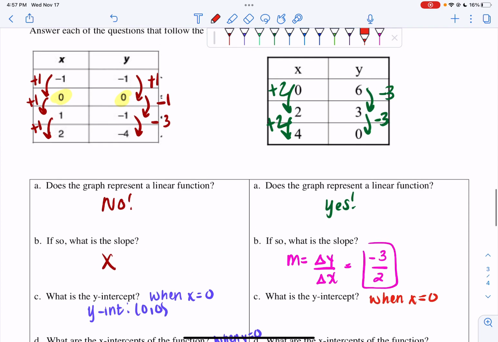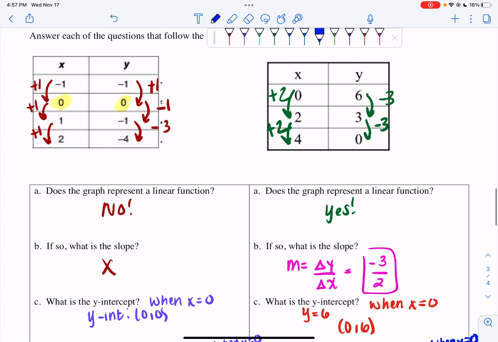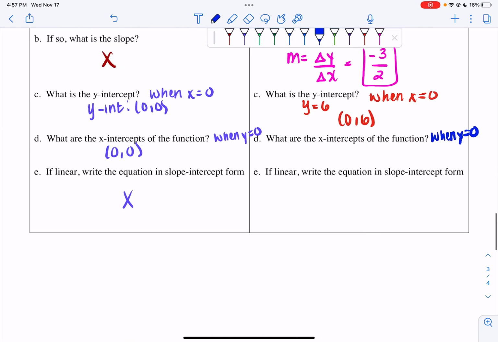So if I look at my table of values, when x is 0, my y-intercept is 6. So I can say b equals 6, or I can say 0, 6. My x-intercepts are when y equals 0. So when y equals 0, I get x equals 4. So my x-intercept is 4, 0.